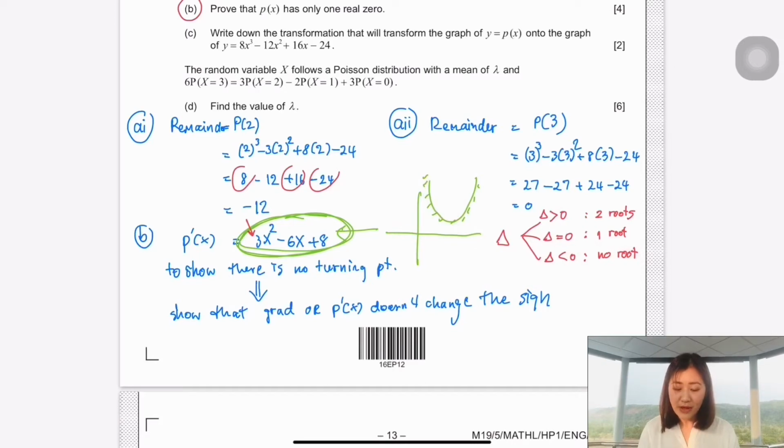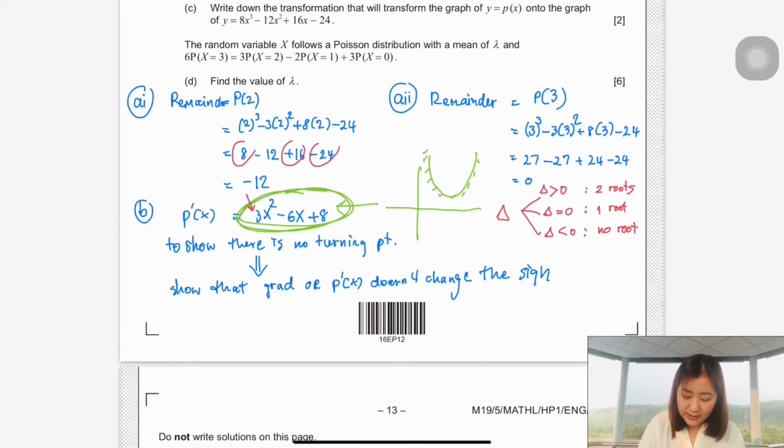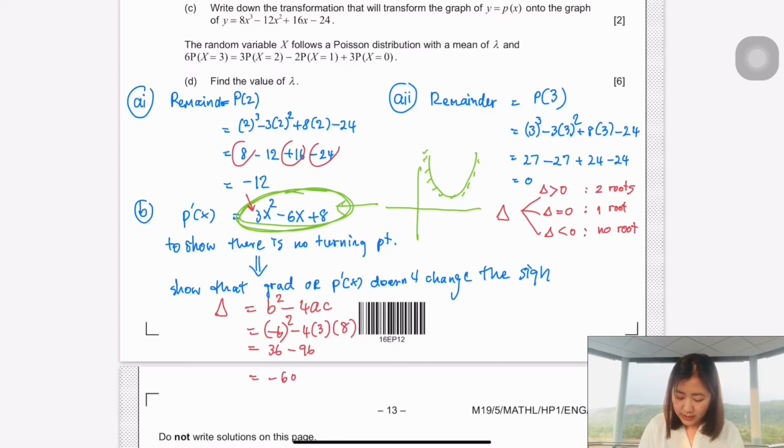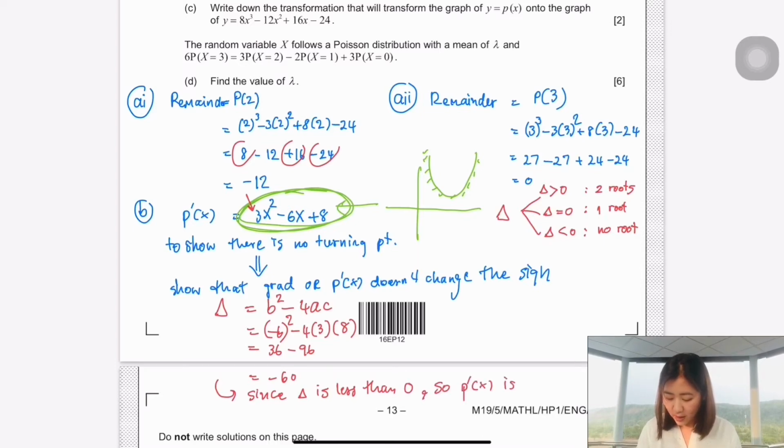So what do we have to show? The discriminant equals b² − 4ac, right? Your b is −6, squared, minus 4 times a, which is 3, times c, which is 8. So it's 36 − 96, which is −60. So you conclude that since the discriminant is less than 0, p′(x) is all positive.